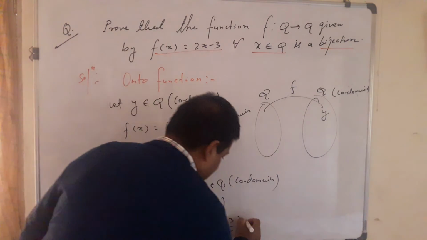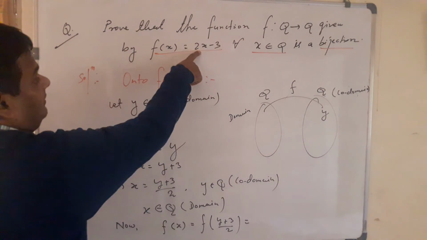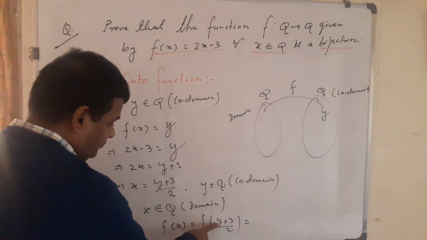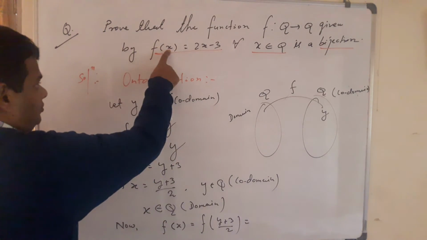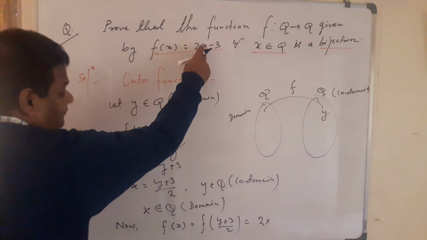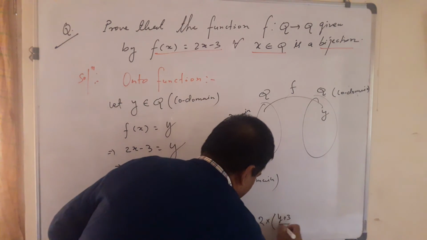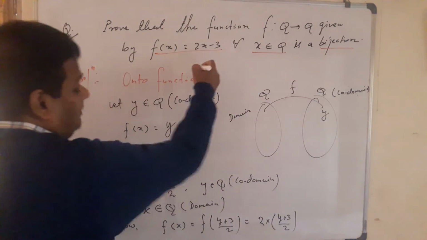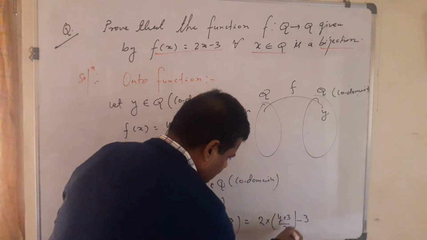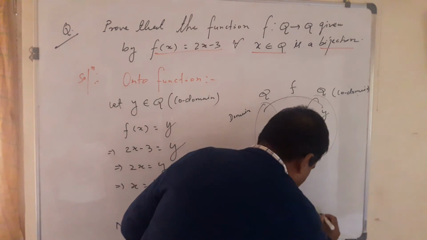Put this in the given function f(x) = 2x + 3. In place of x, put (y minus 3) divided by 2, so you get 2 into (y minus 3) divided by 2 plus 3. The 2 and 2 cancel, so you get y minus 3 plus 3.